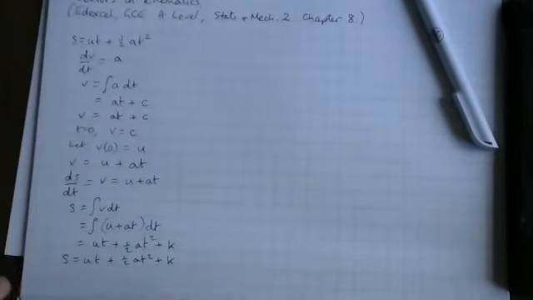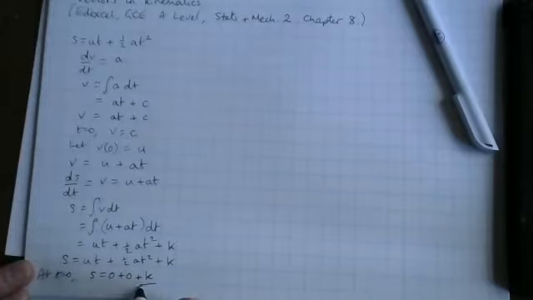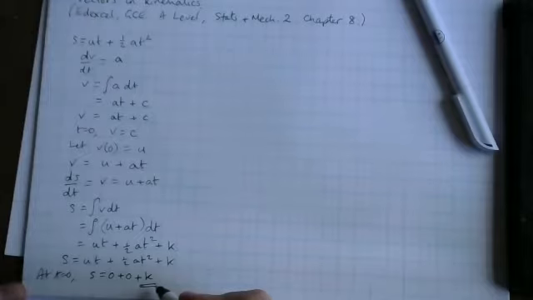And when t equals 0, s equals 0 plus k. So k is the displacement from the origin at t equals 0.